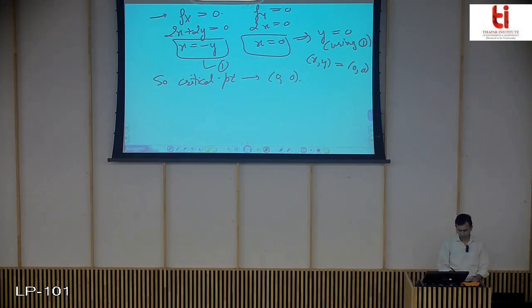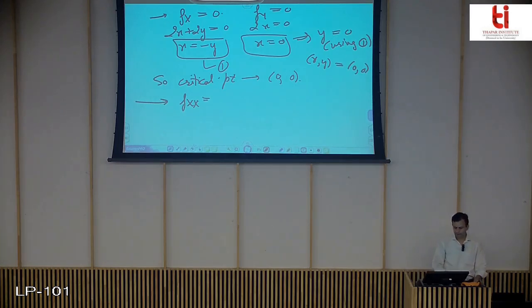Now, one step is done, that you found the critical point. Now the second step is to determine whether this point is a maximum, minimum, or saddle point. For that, we must go for the second order partial derivatives, because we have to use the second derivative theorem to find the extreme value.